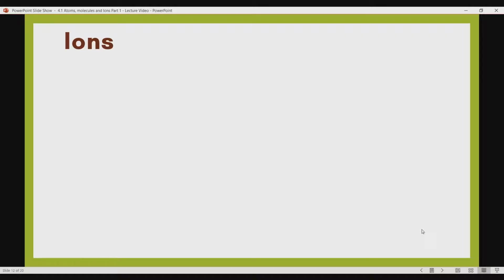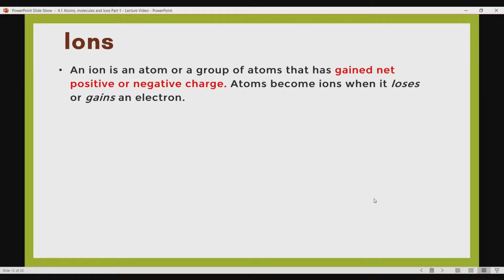Let's have ions. Now, what about ions? Let me define first what ions are. Ion is simply an atom or group of atoms that has gained net positive or negative charge. So, meaning to say, kapag yung atom po o grupo ng mga atom o mga molecule, kapag nagkaroon po ng net positive or negative charge, ion na ang itatawag natin.